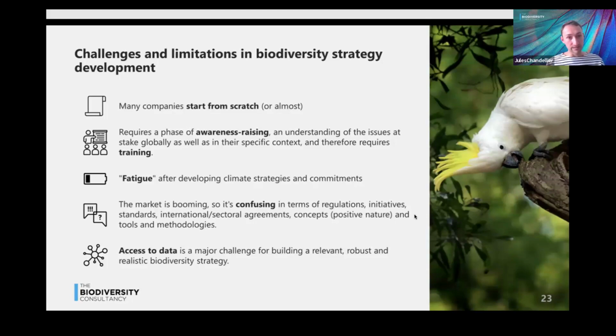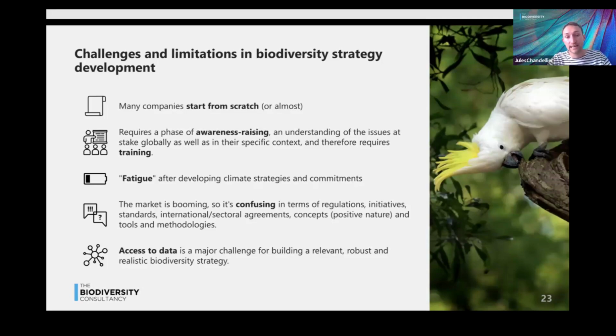So this is the second point, that this awareness raising part is very important. And I would add awareness at all levels of the company, not just the environmental team. I think it's really important to get awareness down to every team and also up to management teams.